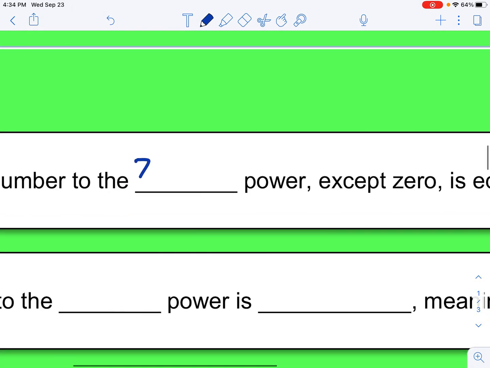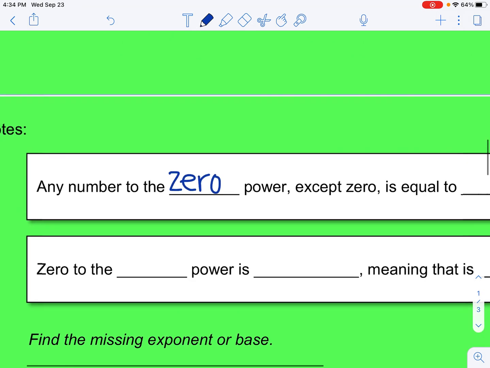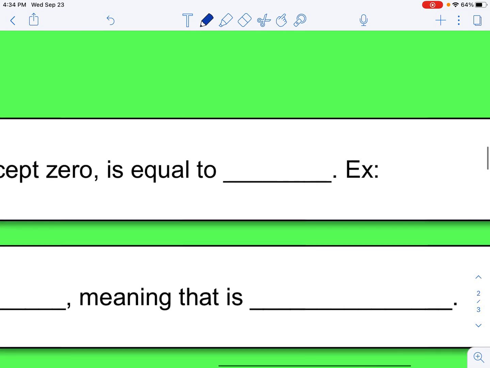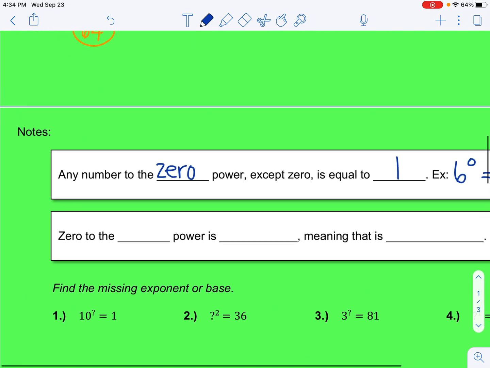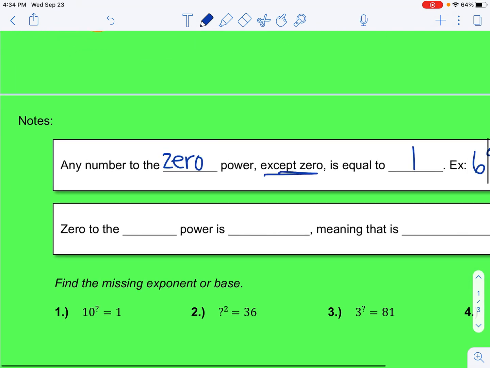Any number to the 0 power except 0 is equal to 1. So for example, if I took 6 to the 0 power, my answer is always 1. But it's saying everything but 0.